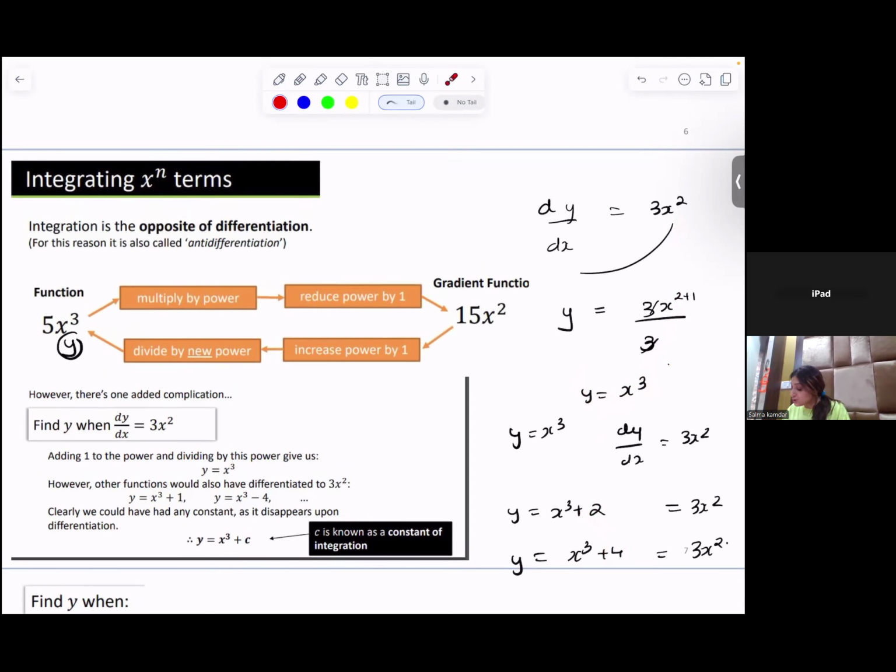I really do not know. So, when I am going from the derivative to the function, I am always going to add a c. So from 3x squared, when I'm going to find y, I'll add to the power, divide by the new power, and add c. So the new function would be x cubed plus c.